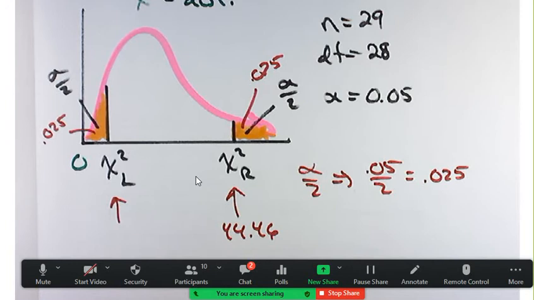It's 0.025, so 0.975. So if 2.5% of the area is in the left tail, how much is in the right tail? 1 minus 0.025, and that tells you how much of your area is in the right.